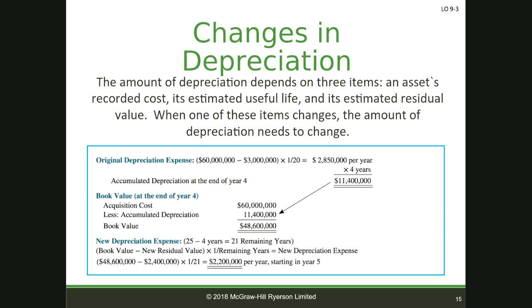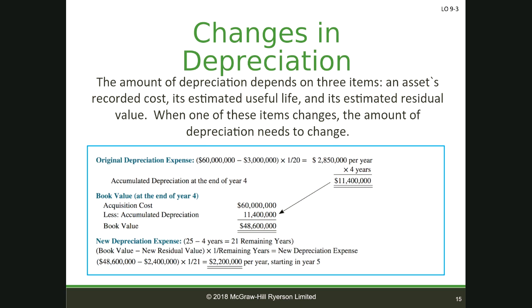It's just that at the end of year 4, we obtained some new information, meaning that the asset's now going to last 25 years, and also that the salvage value or residual value is 2.4 million, not 3 million. So we take that new information, recalculate depreciation expense, and then going forward, starting the following year, year 5 in this case, we record the new depreciation expense.